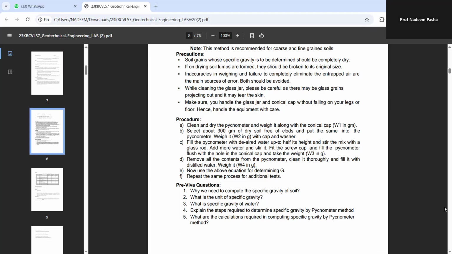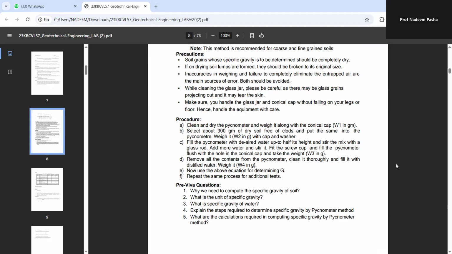Next, you add water up to the top along with the soil. Along with the cap, you measure the pycnometer, that will be W3. Finally, you remove all the things and fill the pycnometer completely with water, that will be W4. So your G, that is specific gravity, is given by (W2 minus W1) divided by (W2 minus W1) minus (W3 minus W4).